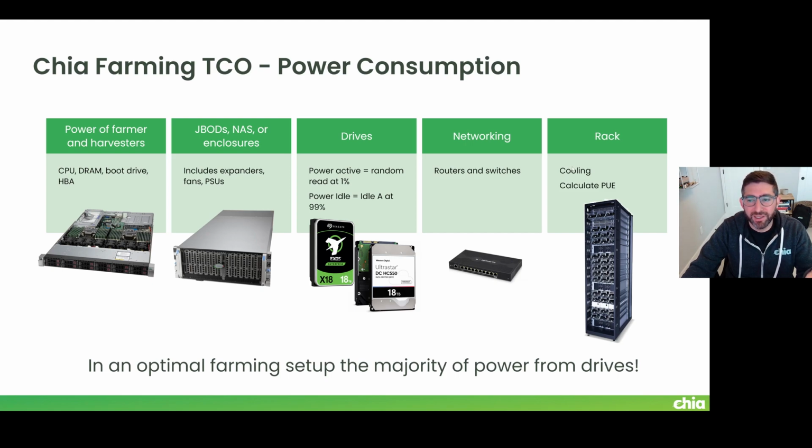So generally, this is if you're doing your own data center, and people are doing high scale Chia farms in their garage, then you actually need to add dedicated cooling, and that kind of counts towards the power consumption of your farm. Now, generally the cooling is part of the non-IT equipment stuff.